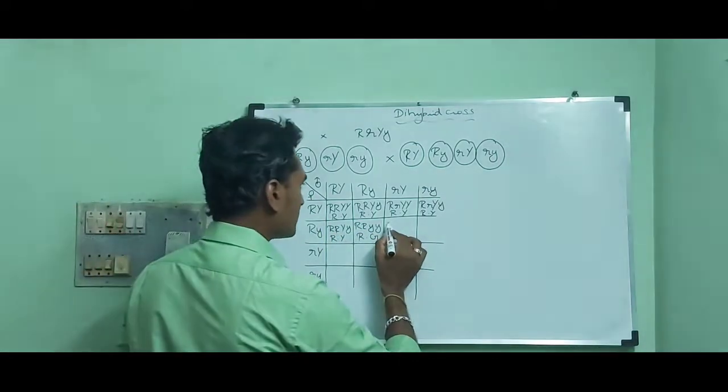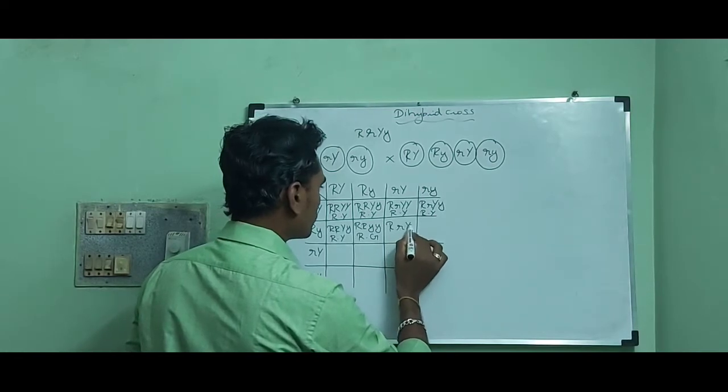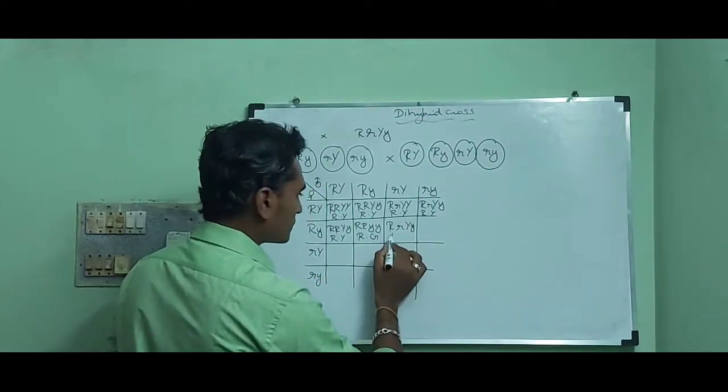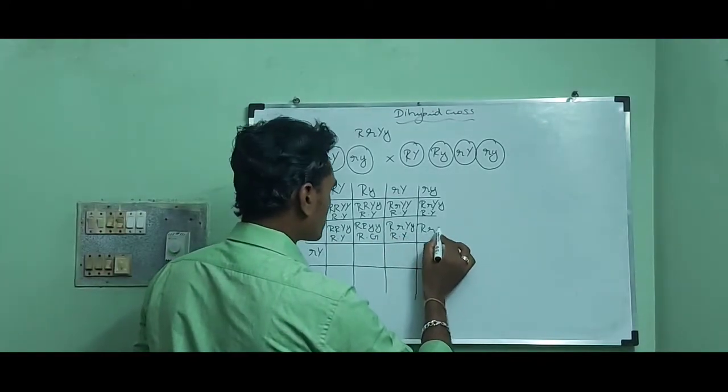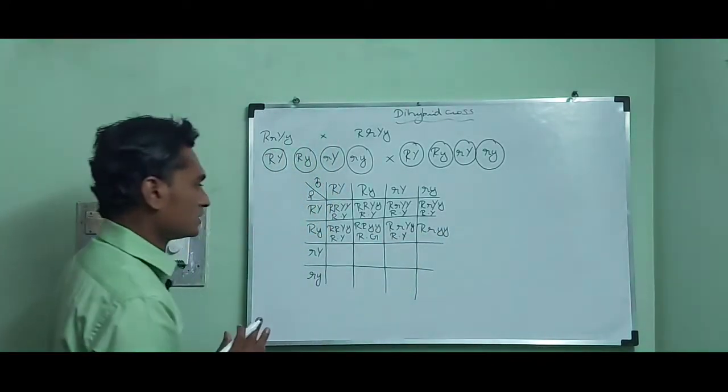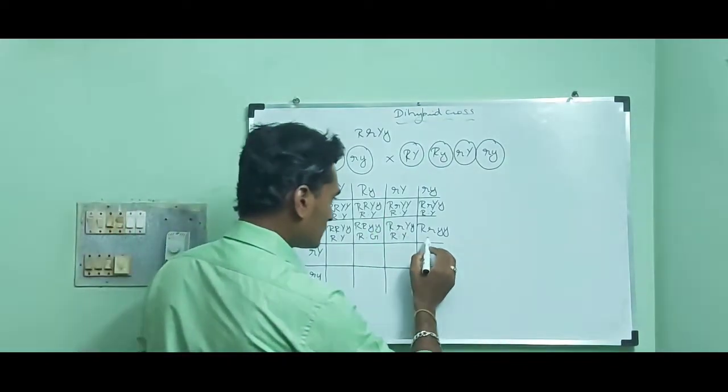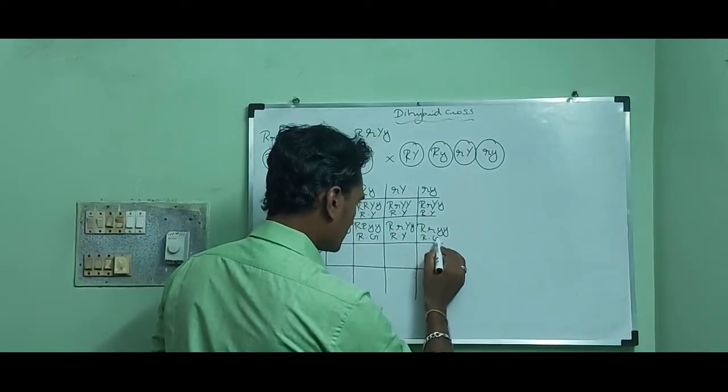Then capital R, capital Y, small y, then it shows round yellow. Then capital R, small y, small y, then it gives round green.